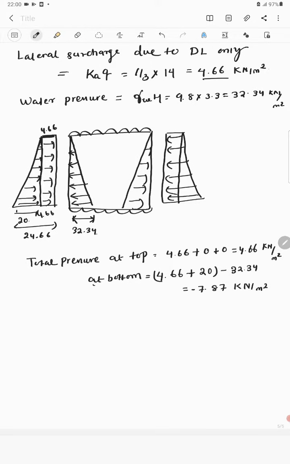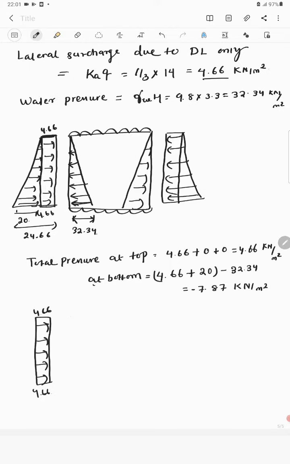Okay, we will keep this 4.66. This is 4.66 and this is 4.66, and so at the top this is 4.66 alone, but at the bottom, apart from this 4.66, we'll have lateral earth pressure of 20, and in the opposite direction we'll have this water pressure 32.34, which is more than the earth pressure.